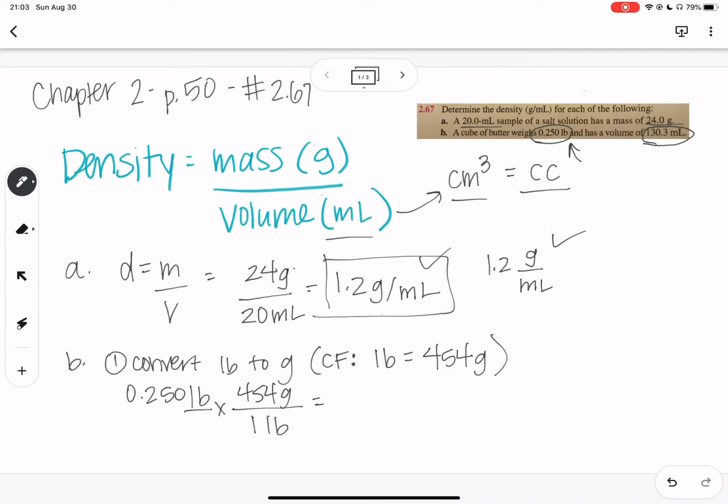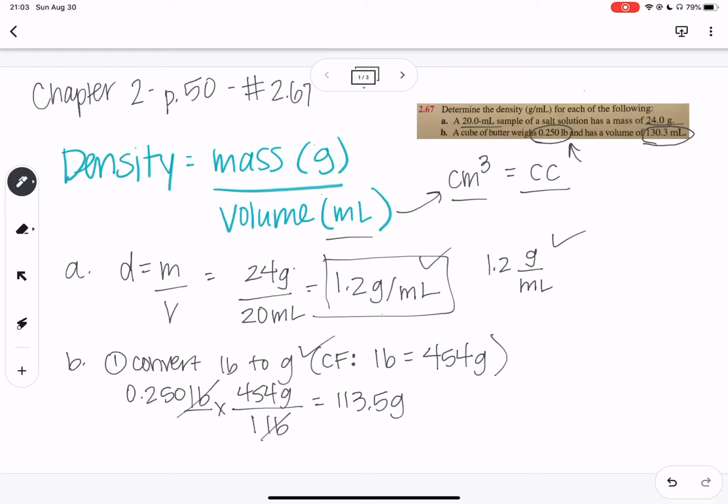If I type that into my calculator, I put 0.250 times 454 divided by 1. Of course, we don't have to actually type divided by 1. That'll just give us the same answer. So when you do that, the pounds cancel, and you end up with 113.5 grams.